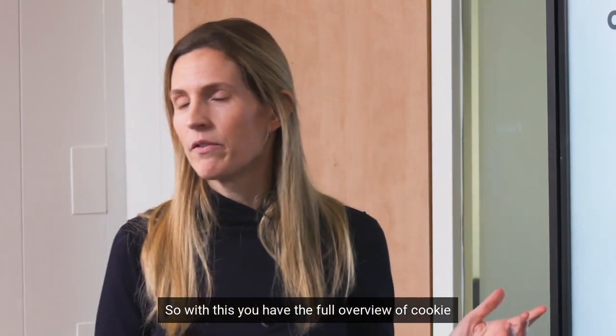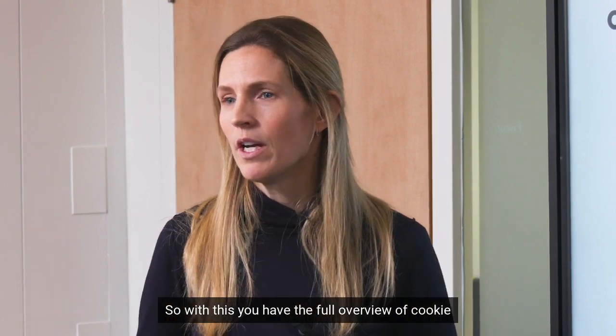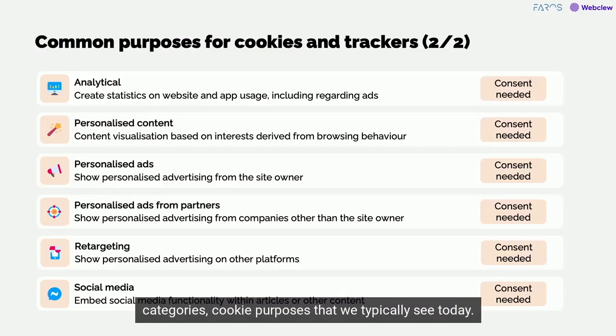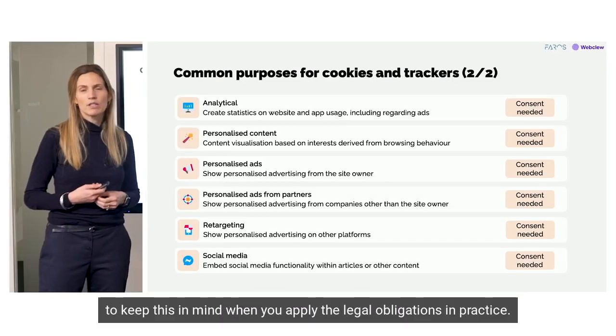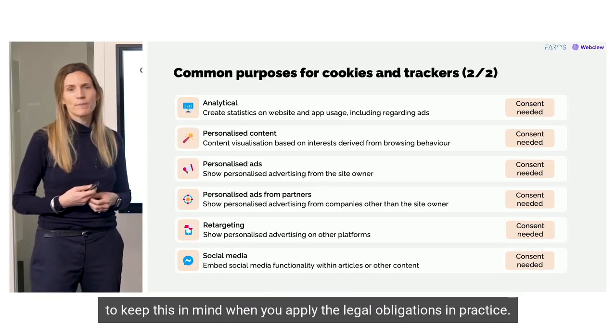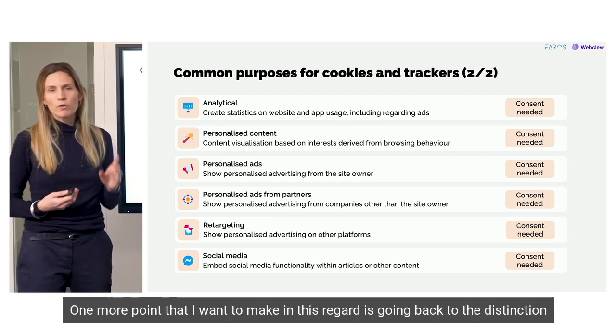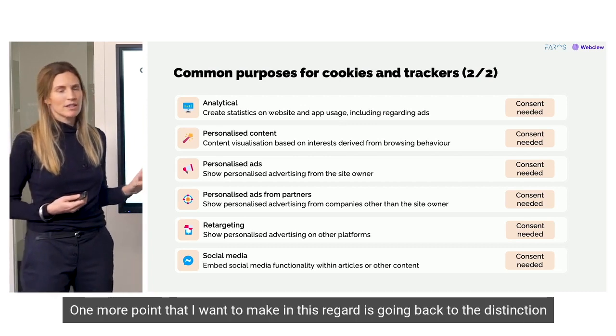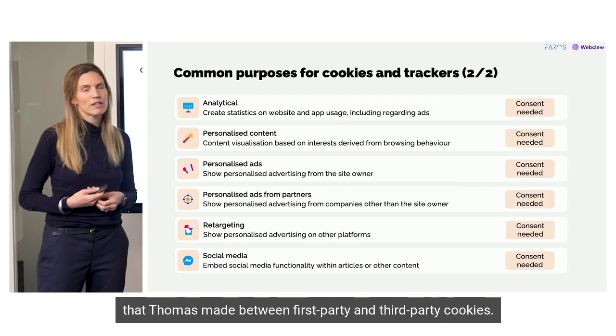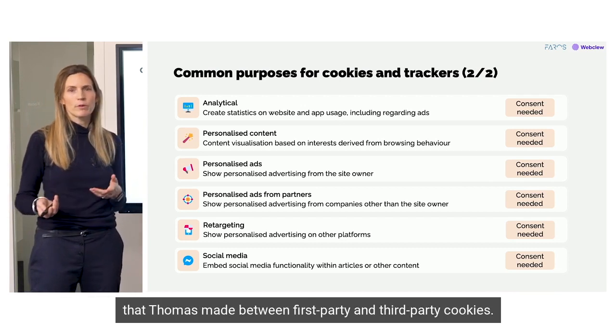So with this, you have the full overview of cookie categories and cookie purposes that we typically see today. It's important to keep this in mind when you apply the legal obligations in practice. One more point that I want to make in this regard is going back to the distinction that Thomas made between first-party and third-party cookies.